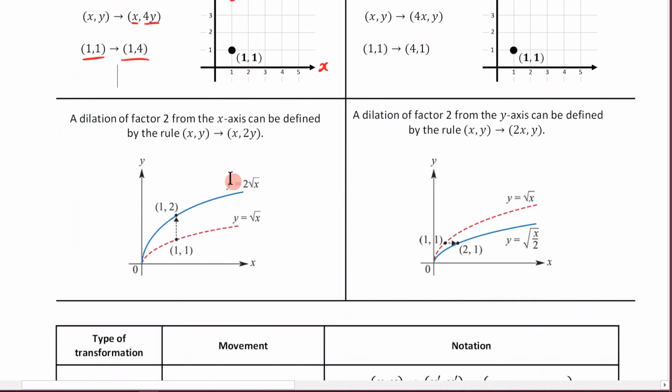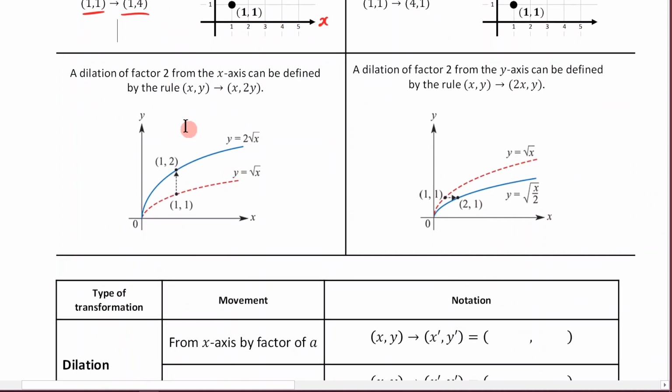We can look down here and see an example of when we're not just dilating a single point, but rather we're dilating an entire graph. So here we have a dilation of a factor of 2 from the x-axis, which can be defined by this rule. As you can see, we're starting with this graph here, and after we apply our dilation from the x-axis, it's pushed it away from the x-axis to up here.